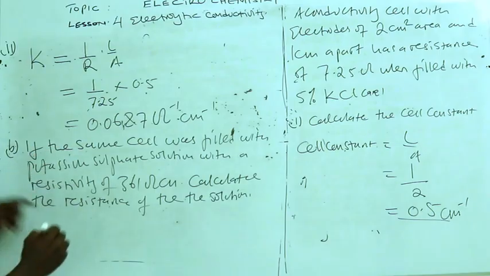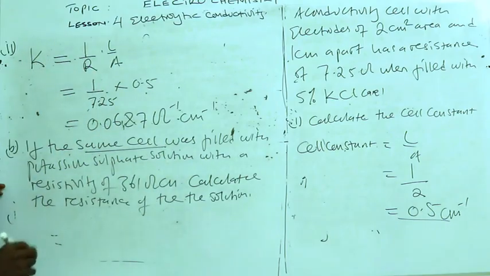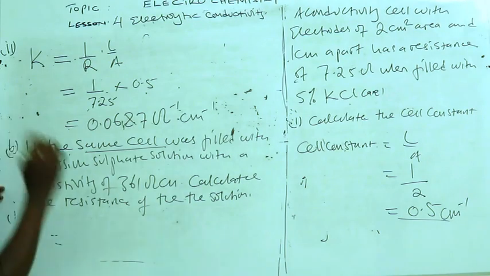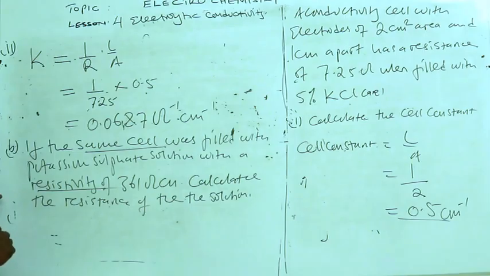Now, if the same cell, we said once we see the words same cell, then the cell constant is the same. Now, they are also giving us resistivity. Resistivity is only related to conductivity.